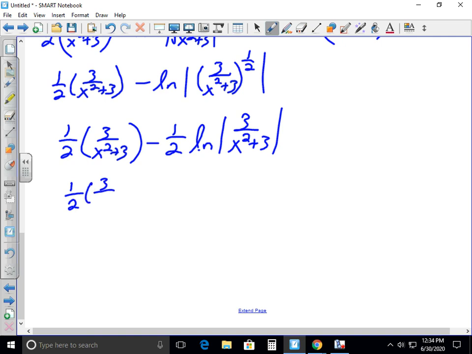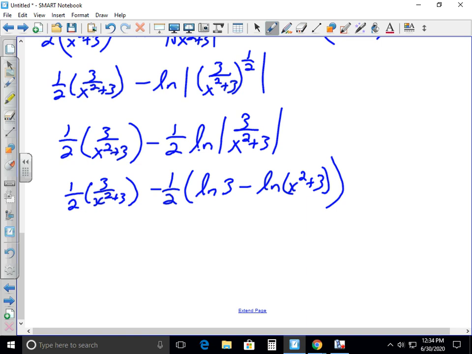The easiest thing would just be to split that log up. If we have a quotient, we take log of the numerator minus log of the denominator. And we can drop the absolute value bars because the absolute value of 3 is 3. The denominator is always going to be positive, so no need for absolute value there. If we want to, we could pull the 1/2 out front, whatever.